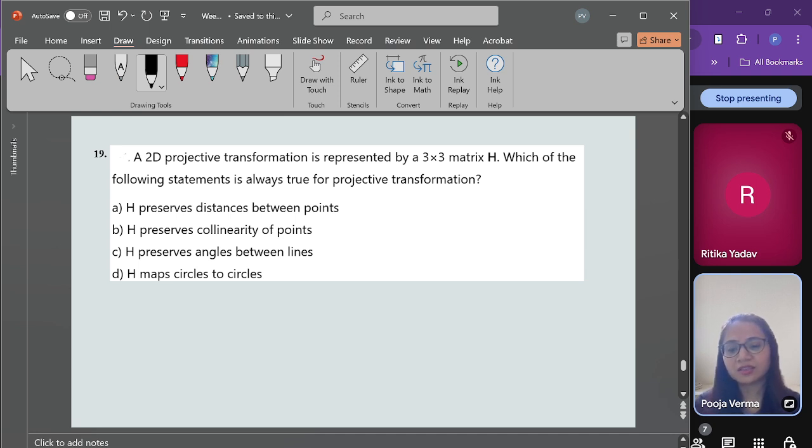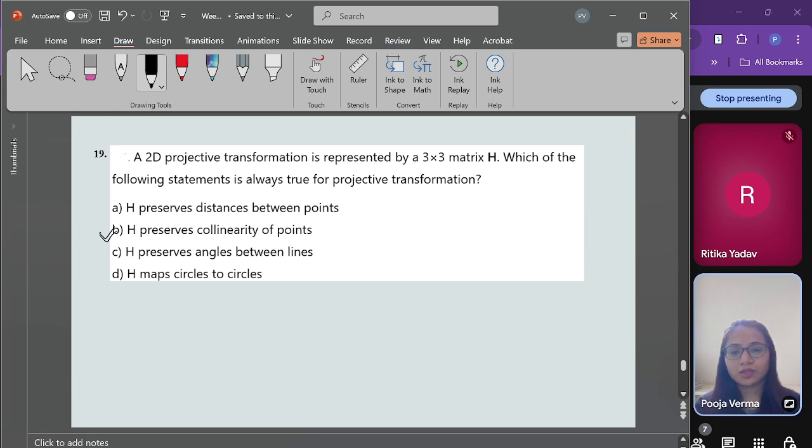So the correct option is that H preserves collinearity of points, not distances and angles between the lines. Angles and distances can vary in the projective transformation, but it always preserves the collinearity of the points.